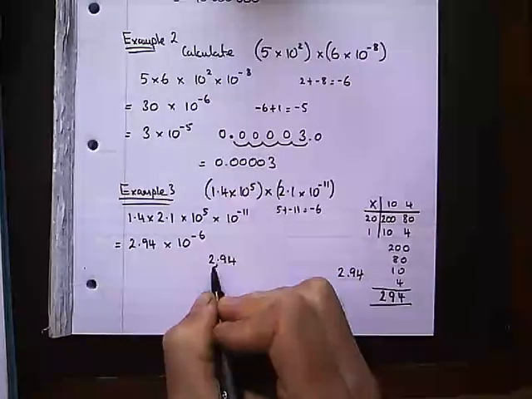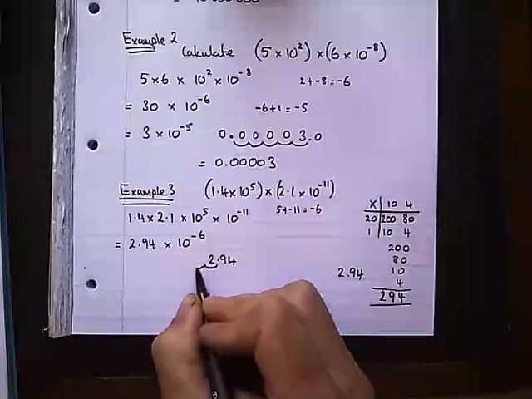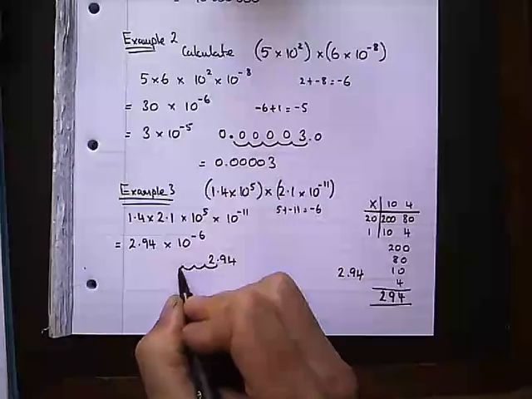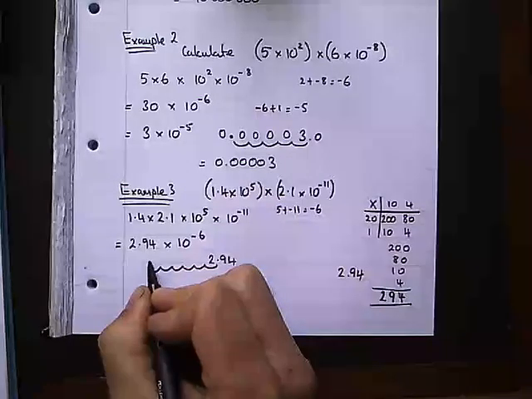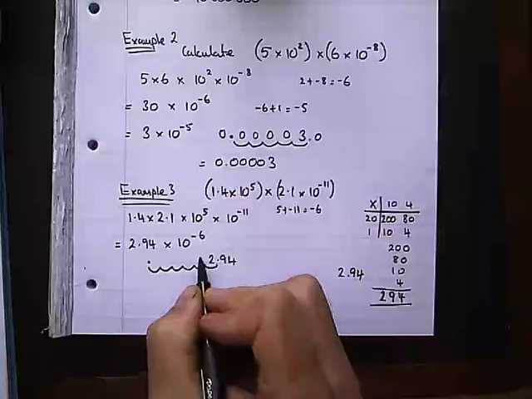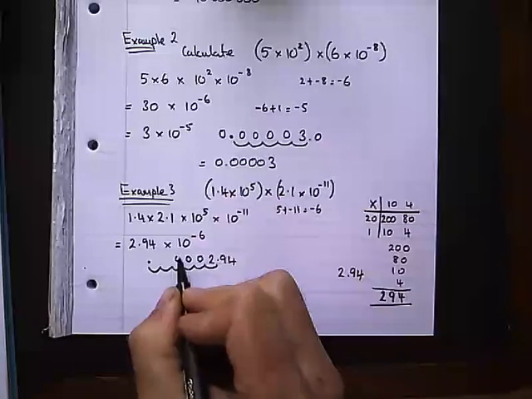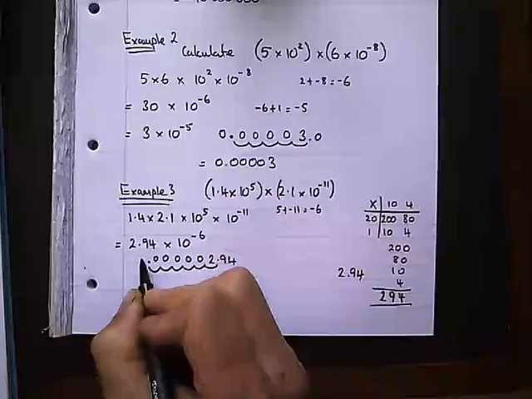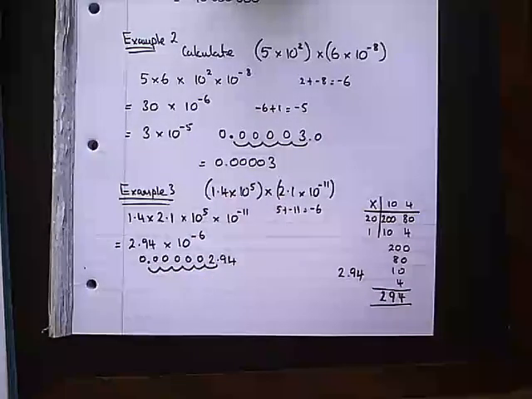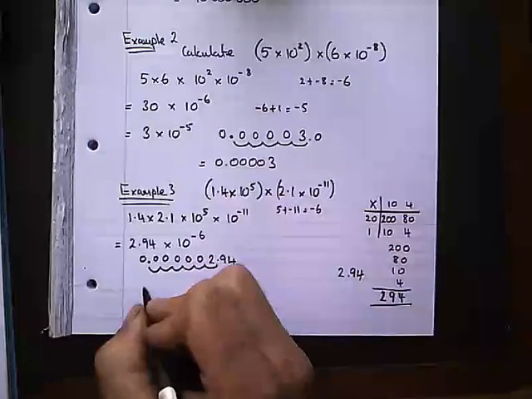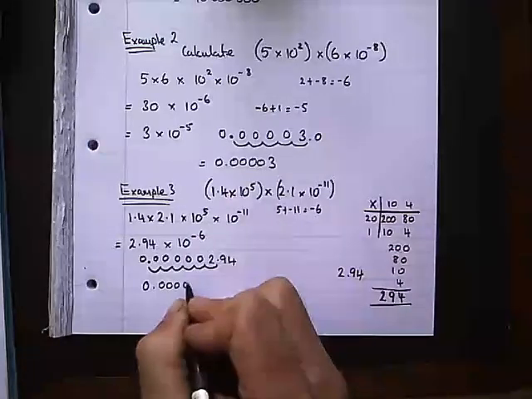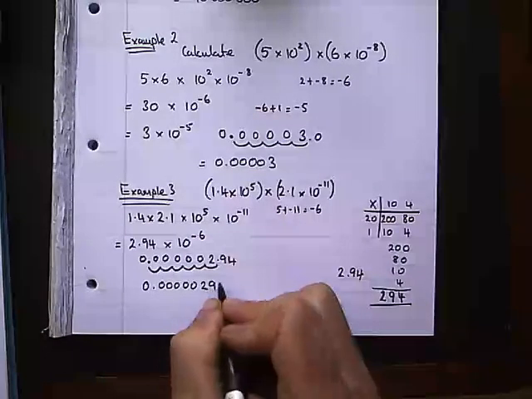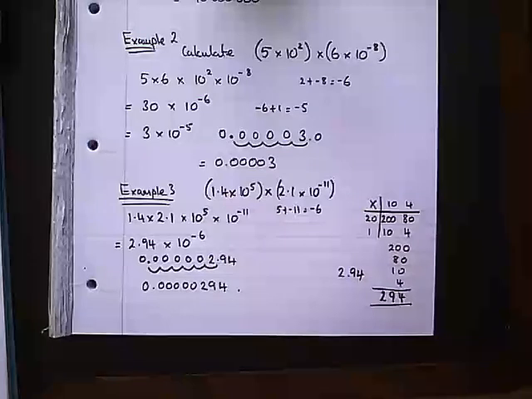Let's take the decimal point once, twice, 3 times, 4 times, 5 times, 6 times. Decimal point goes there. Let's put a 0 in all the gaps. And remember, we need a 0 at the front. So the number is 0.000000294.